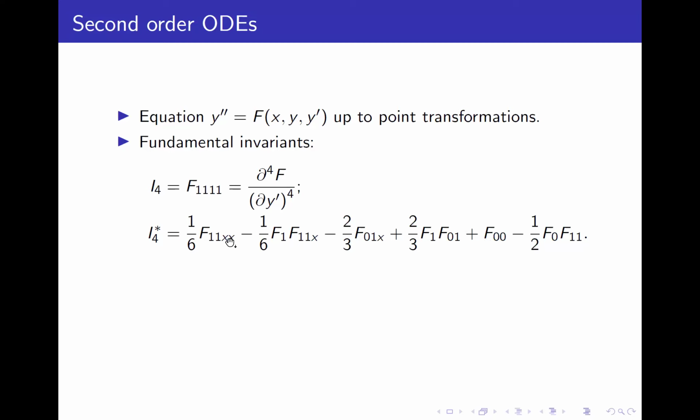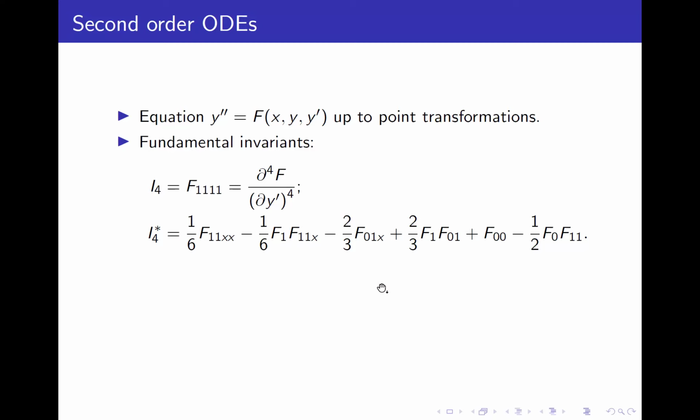And we also have x, but x here is something different. x means a total derivative with respect to x. So when I have x here, it means the partial derivative with respect to x plus y prime times the partial derivative by y plus f times the partial derivative by y prime. So it's the total derivative on the equation.